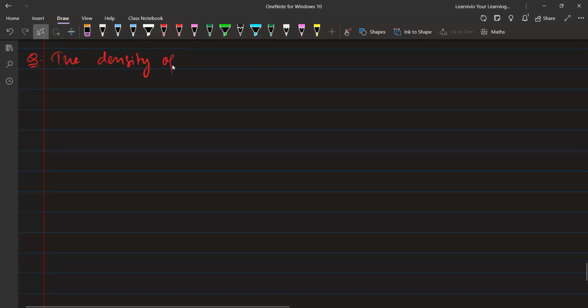The density of 3 molar solution of NaCl is 1.25 grams per ml.